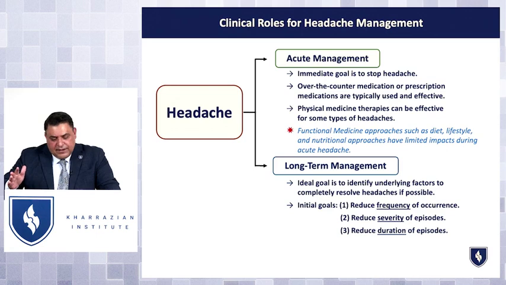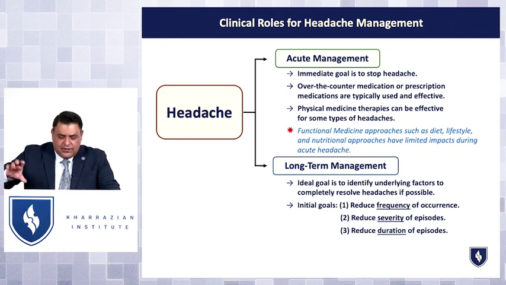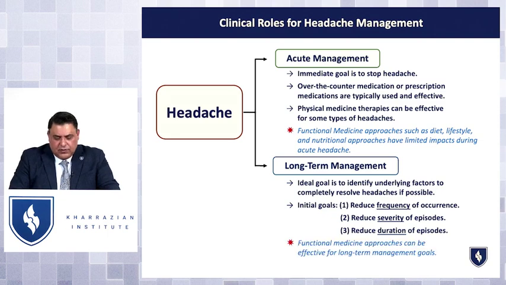Write down the severity of the episodes, numerically figure out what activities they're not able to do, and then get an idea of the duration. That will always be your baseline. That's what you want to work with as you work with your patients. And functional medicine is really effective for these long-term issues associated with headaches.